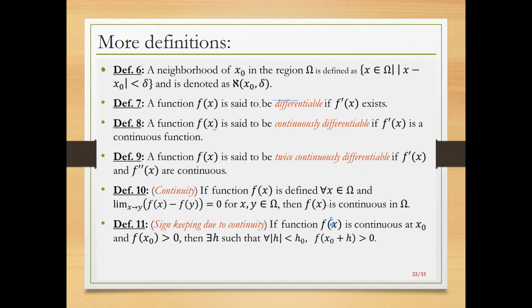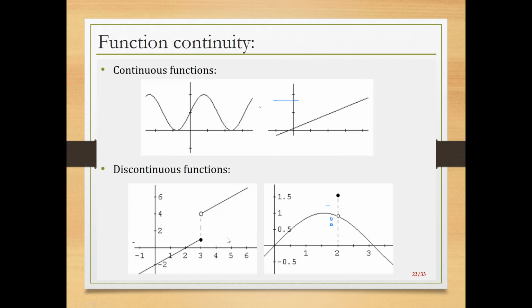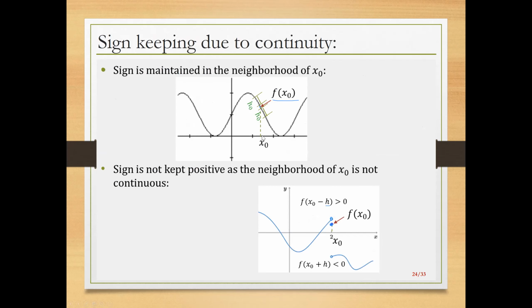To answer that, the definition of sign keeping is that the function value at the point x naught should be greater than 0. So we consider only functions that are positive at x naught. That's why over here we have drawn it above the x-axis. Over here also it's above the x-axis, but due to discontinuity it may go down, and therefore this would not be true.